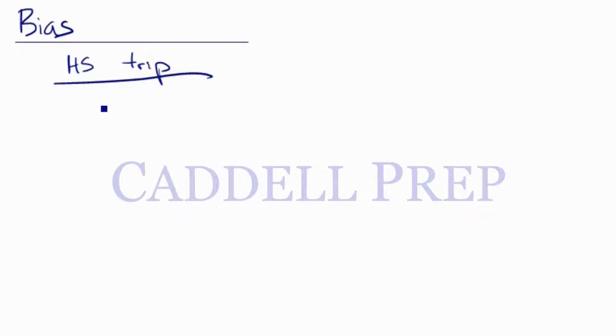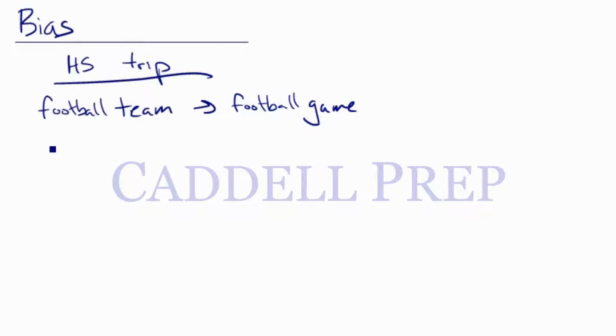So it would make sense that if you asked the football team where they want to go, they might say a football game. If you asked the students that are in theater where they want to go, they may say a play. And other groups will have different opinions.